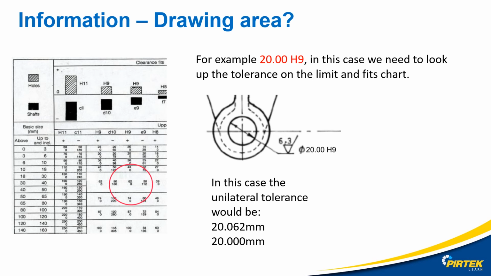So the nominal size is 20 millimeters, and we look up the H9 value on the chart, and our new unilateral tolerance will be 20.062 millimeters and 20.00 millimeters. Okay, the 62 is micrometers, so it's 0.062 millimeters plus 0 minus.